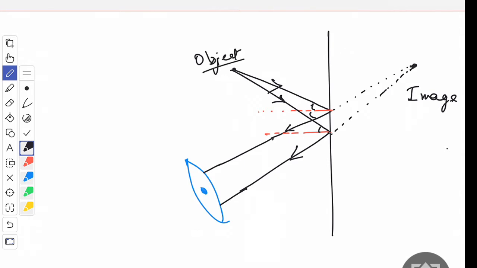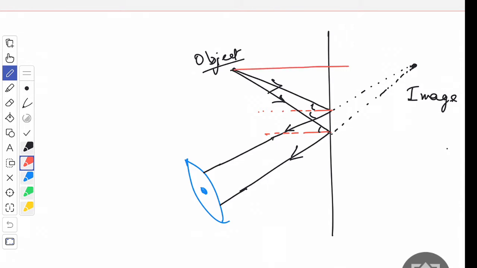And the core idea, I'll repeat, is that when the eye looks at any object, when the rays of light are coming, wherever they appear to be emerging from if we extend them backward, that is the point where we say the image is. And here the very interesting part is that these angles are equal.